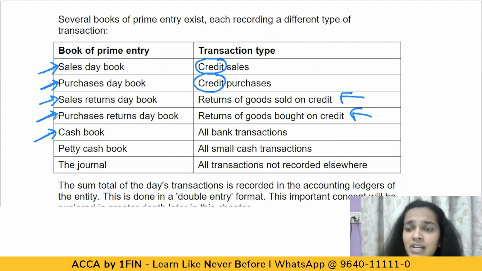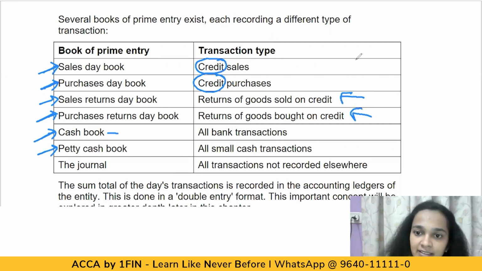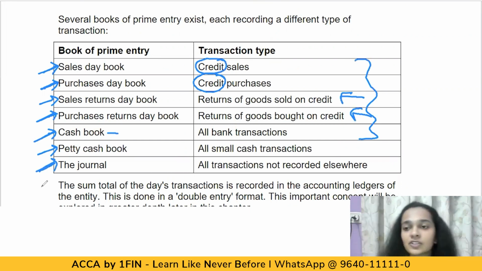All the cash and bank transactions will be entered in the cash book. Small, petty amounts of cash transactions will be entered in the petty cash book. All the other transactions which are not recorded anywhere else, that is in any of the other day books, will come here in the journal.